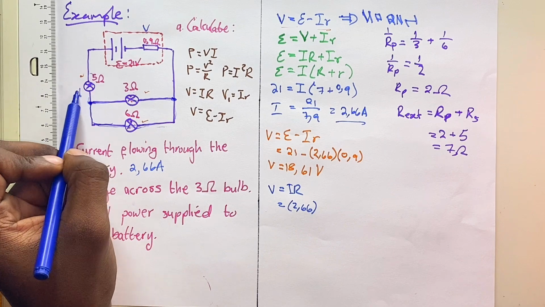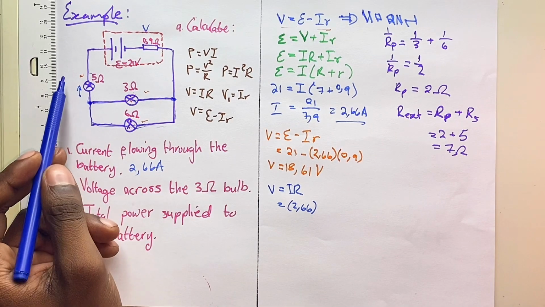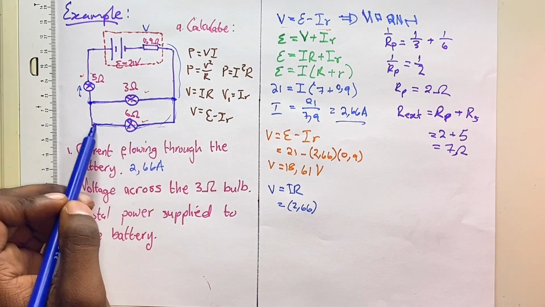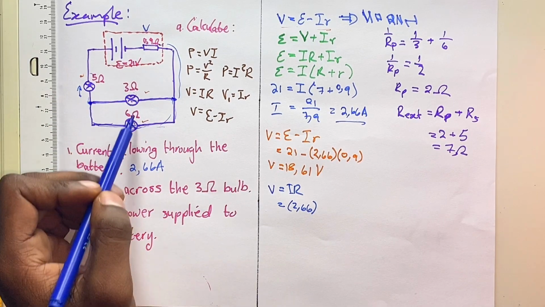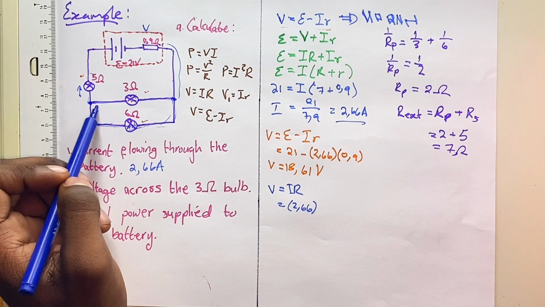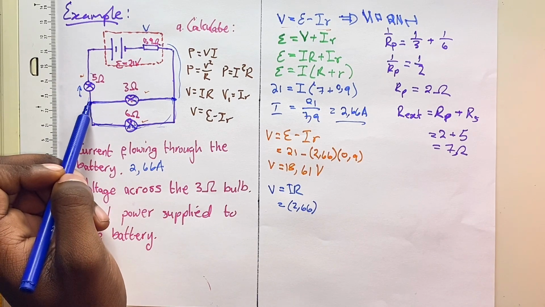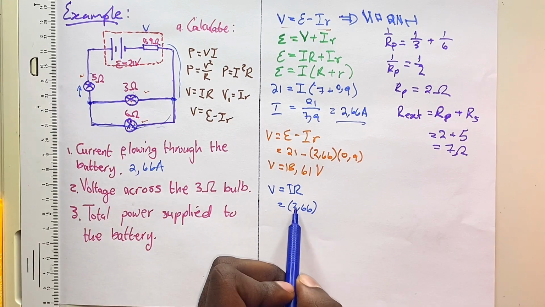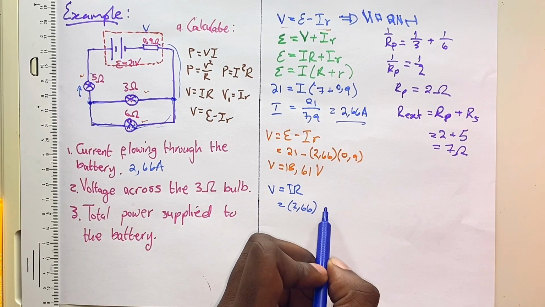And then when they pass here, it is again the total current. The total divides here so that it flows into different paths and then collects here, and when it passes here, it is total. So I will use the total current, which is 2.66.